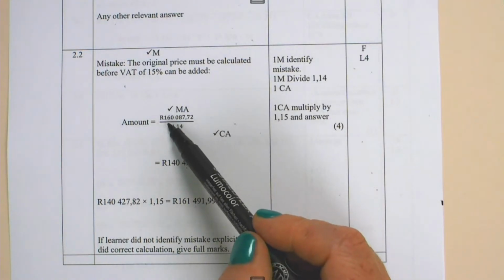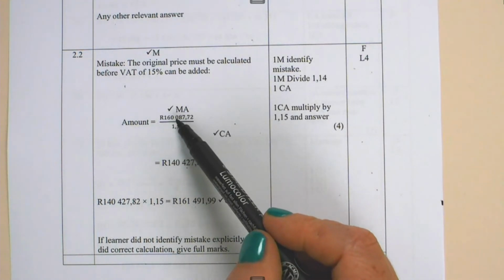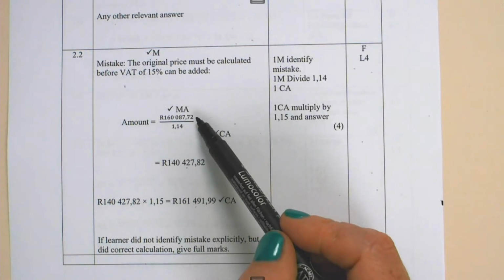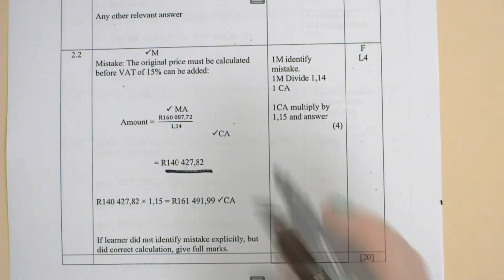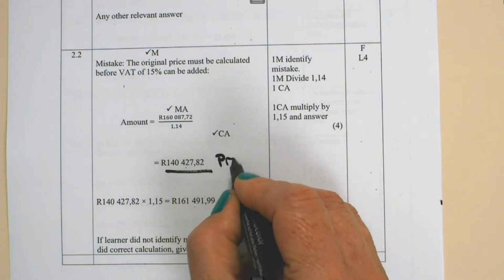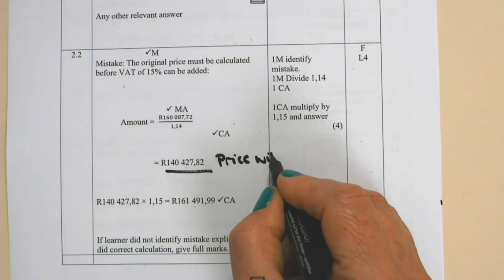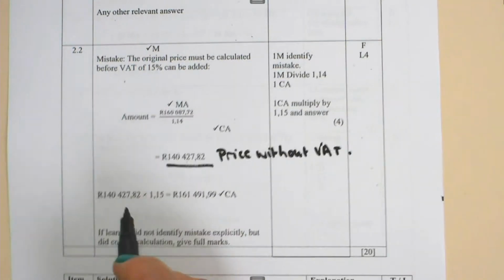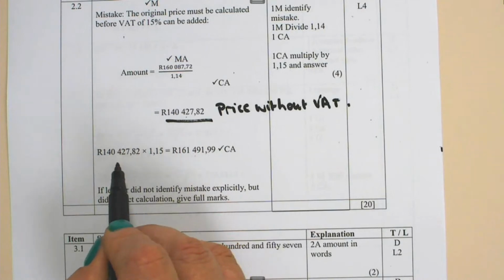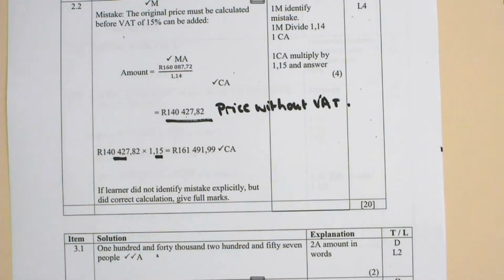So the learner must take the 160,087 rand and 72 cents divided by 1,14 and get the price without VAT. Then, on top of this price without VAT, we must add 15% VAT.